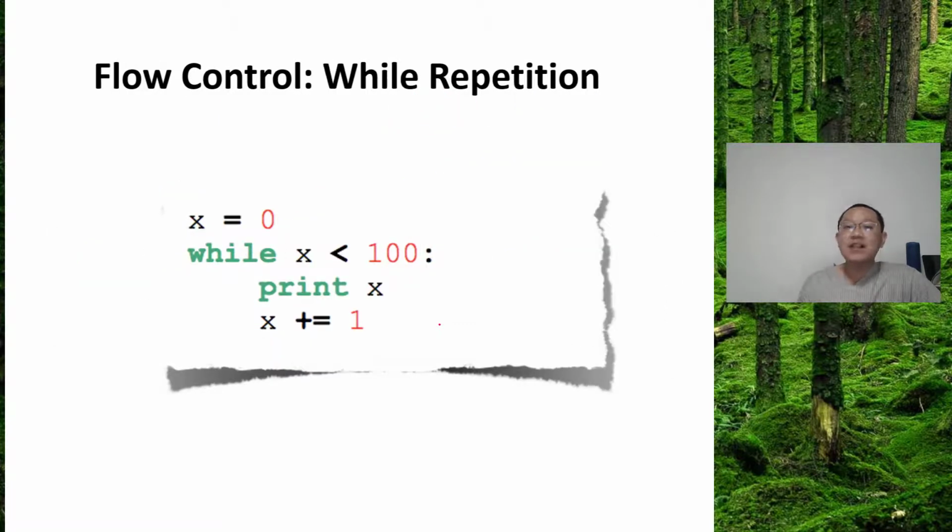Second, while loop or while repetition. This loop requires more lines of commands than for loop, and the important command that must be specified in constructing the while loop is an initiator.